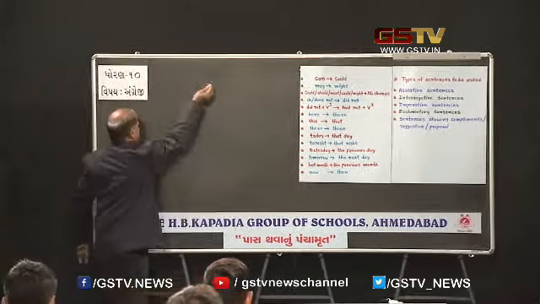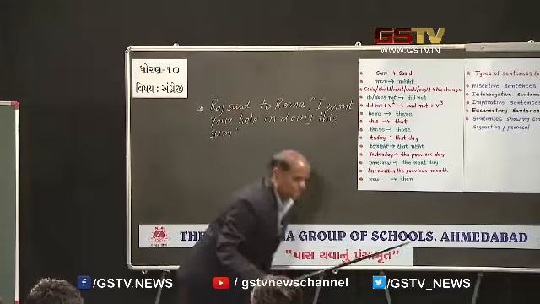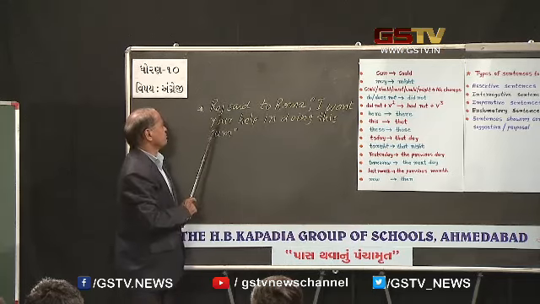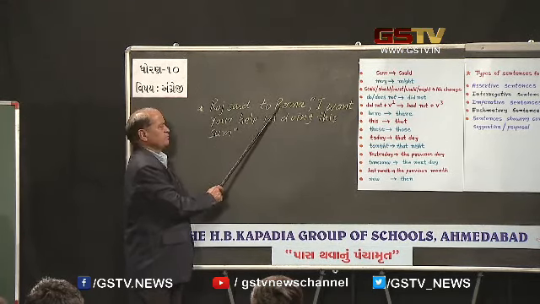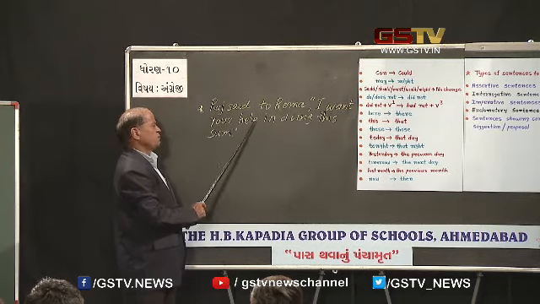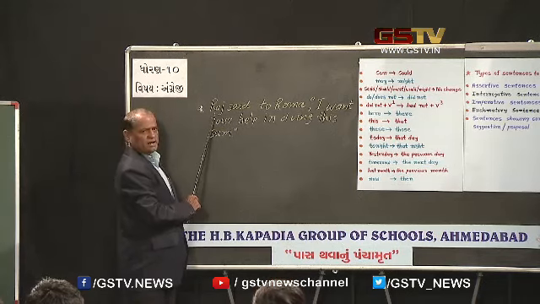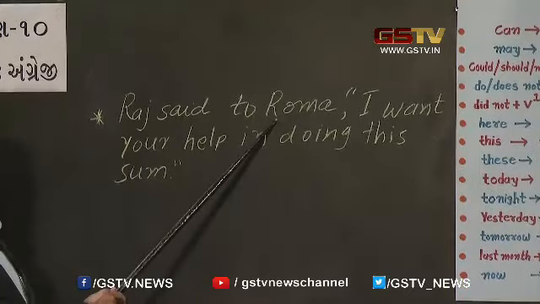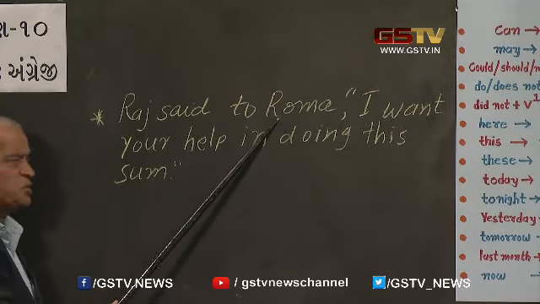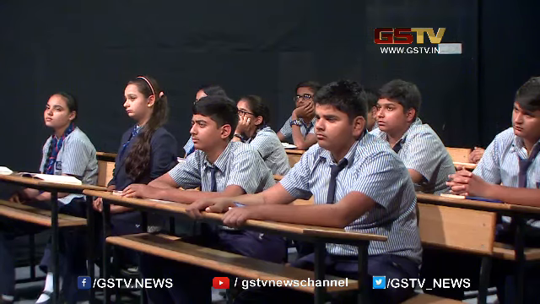First of all, you see here, Raj said to Roma, I want your help in doing this sum. Here Raj is the reporter, Roma is the listener, and now see how to change this sentence into indirect.